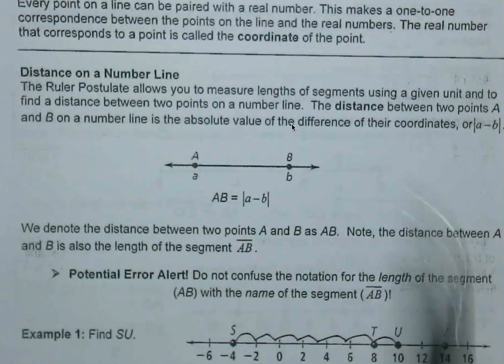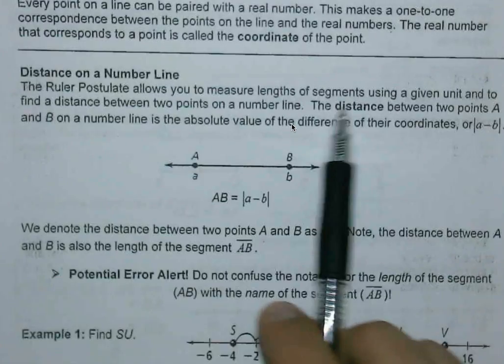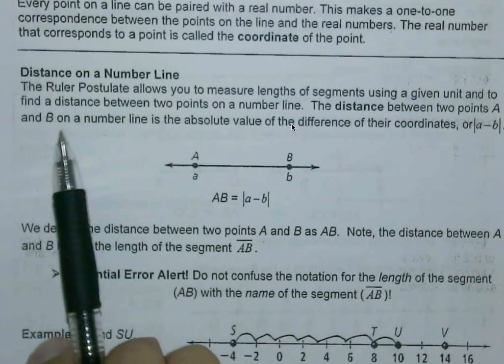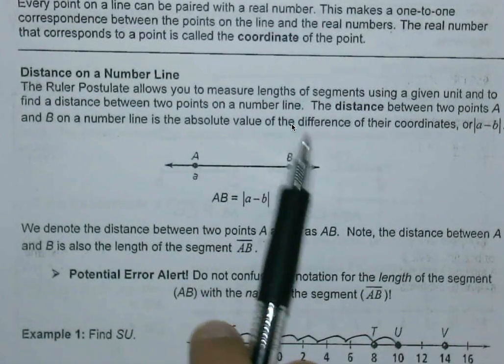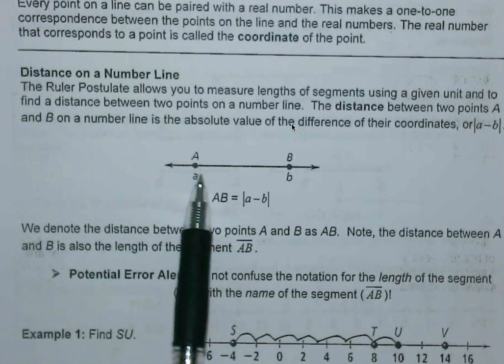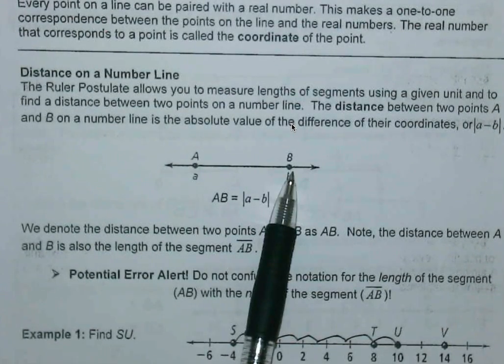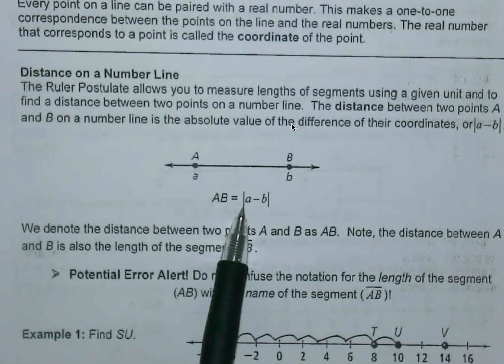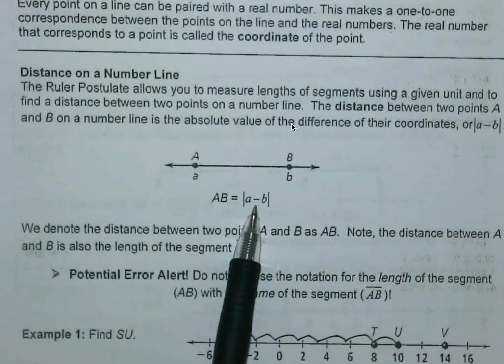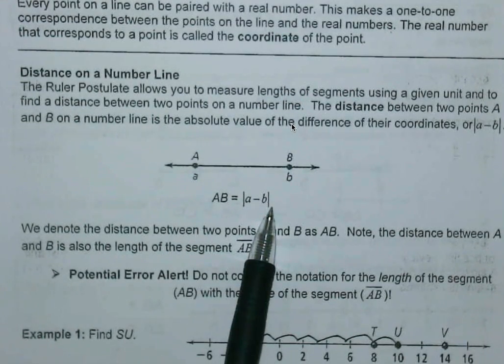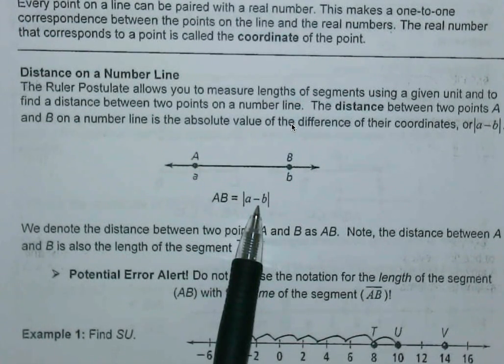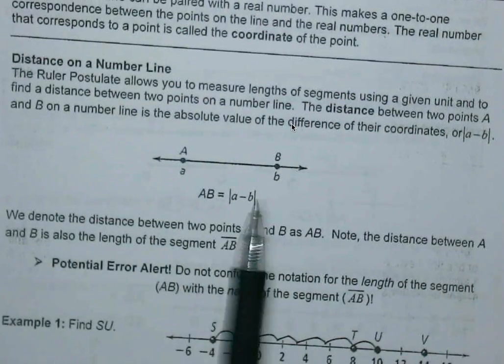The ruler postulate allows us to measure lengths of segments given a unit and define distance between 2 points on a number line. So we would be able to say the distance from A to B is the absolute value of A minus B. Recall that absolute value measures the distance between some number and 0.